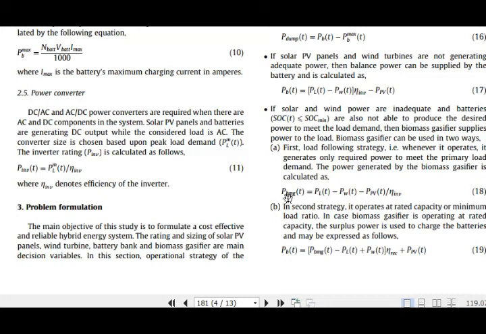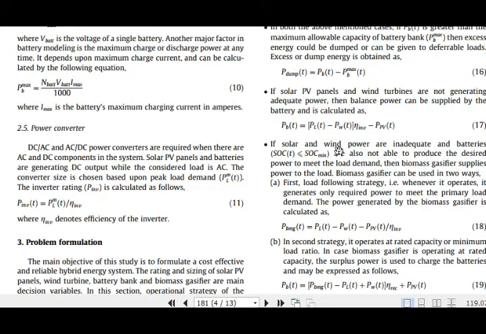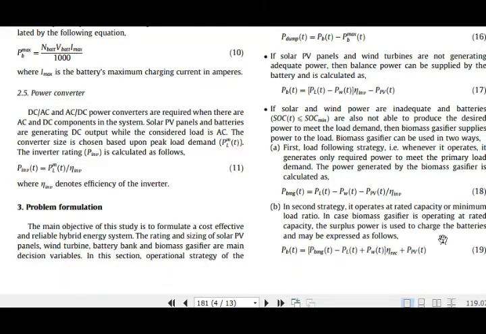If your PV and wind turbine were not able to meet the load demand, then the battery will provide the deficient amount of power. The energy that should be provided by the biomass, if the battery was not able to meet the load demand, is equal to P load minus P wind minus PV.